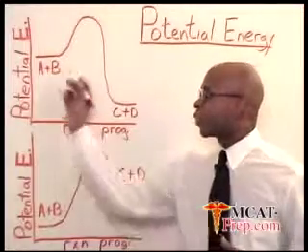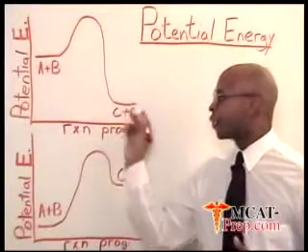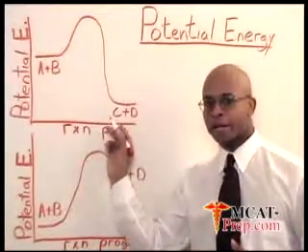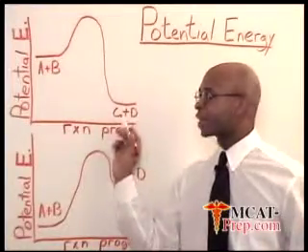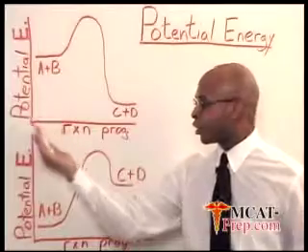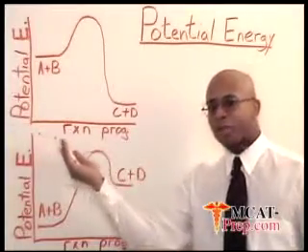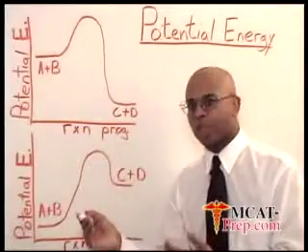To begin with, we start with a particular energy for our reactants. We end off with a particular energy for our products. So in one possibility, the energy of our products is much lower than the energy for the reactants. So here's the reaction progress, meaning as the reaction is occurring, there is a change in energy.